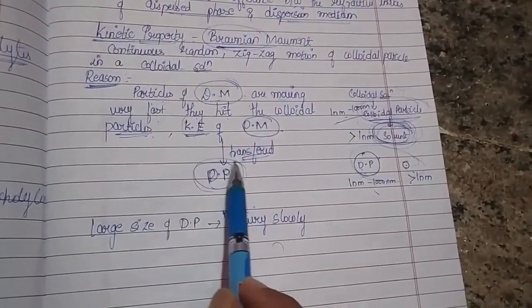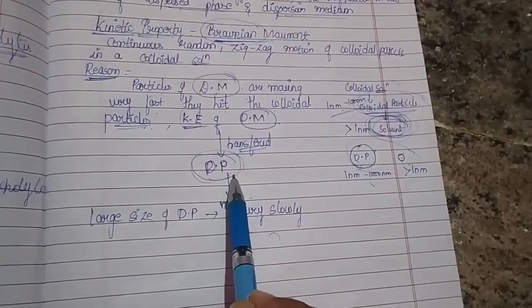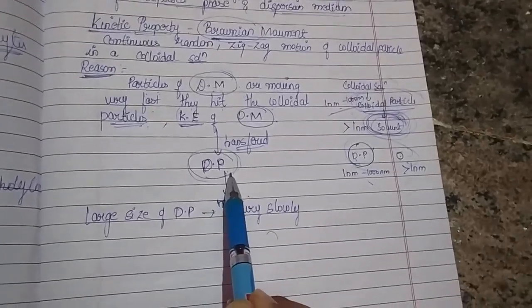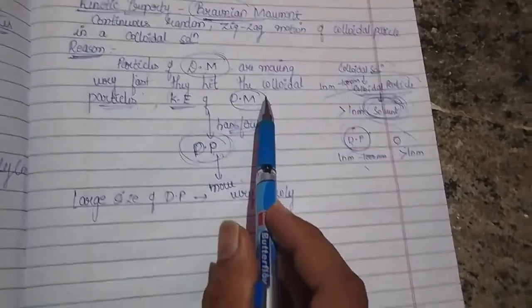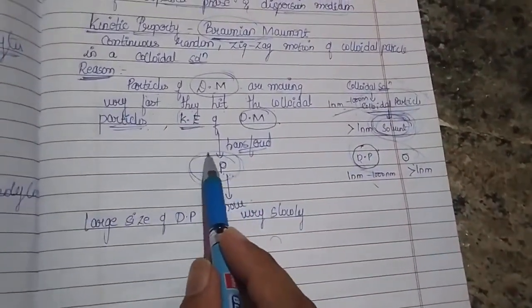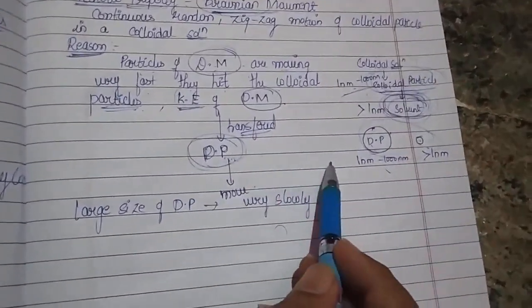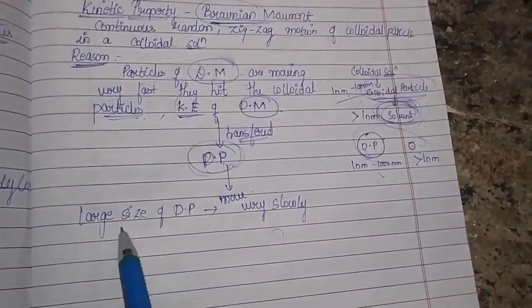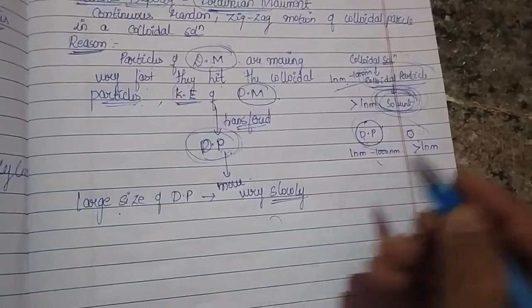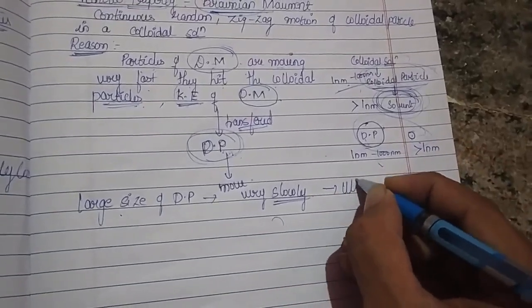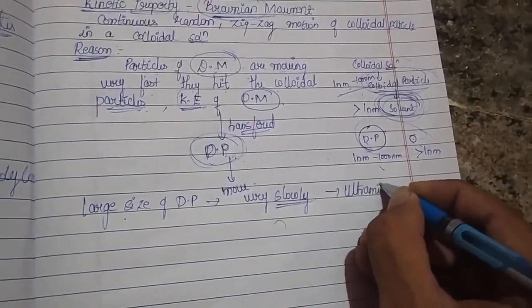Of course, the dispersed phase particles are going to acquire kinetic energy. ಎಲ್ಲಿಂದ ಬಂದ kinetic energy? It gets transferred from your dispersed medium. So ಅವಾಗ ಏನಾಗುತ್ತೆ, ಈ dispersed phase particles ಕೂಡ ಮೂವ್ ಆಗುತ್ತೆ. ಬಟ್ ಅದರ ಸೈಜ್ ದೊಡ್ಡದಾಗಿರೋ ಕಾರಣದಿಂದ ಏನಾಗುತ್ತೆ, they will be moving very slowly, which is observed under your ultra microscope.